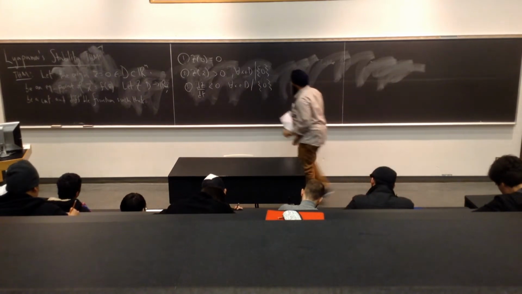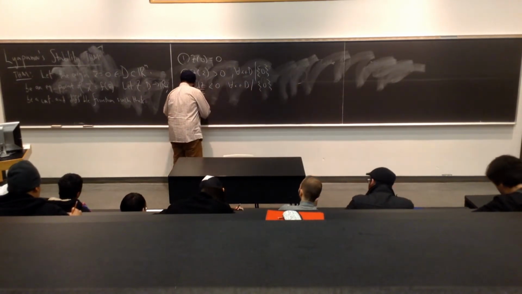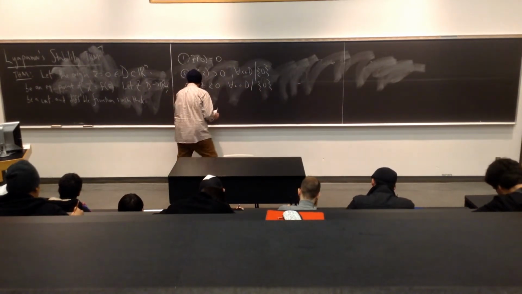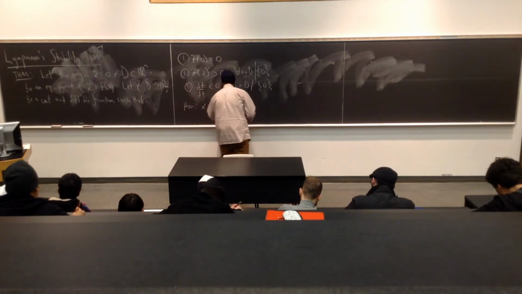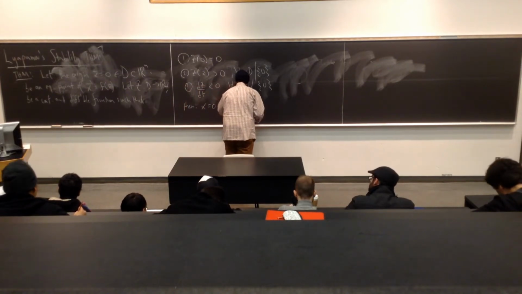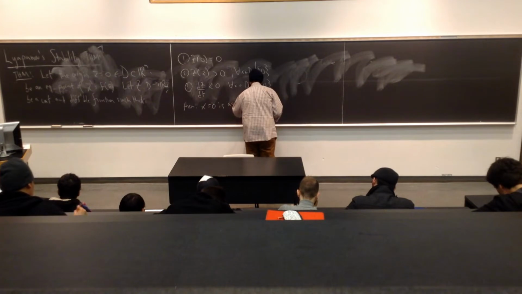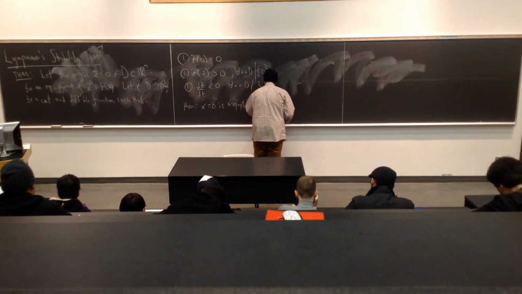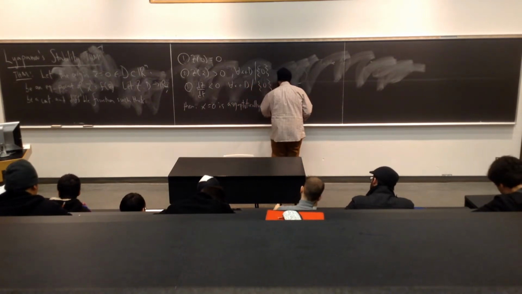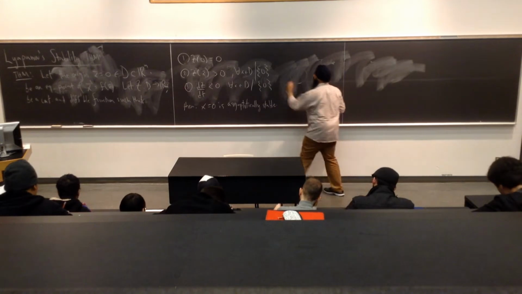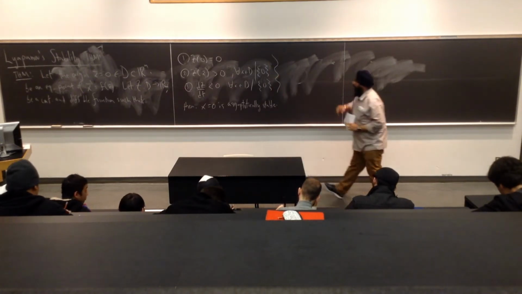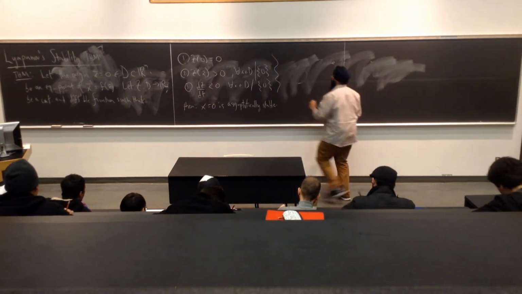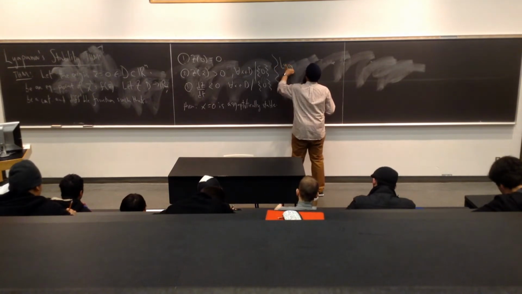If the following is true, then we say that x equal to 0 is asymptotically stable. So, in other words, a function that satisfies 1 through 3 is what we call a Lyapunov function.